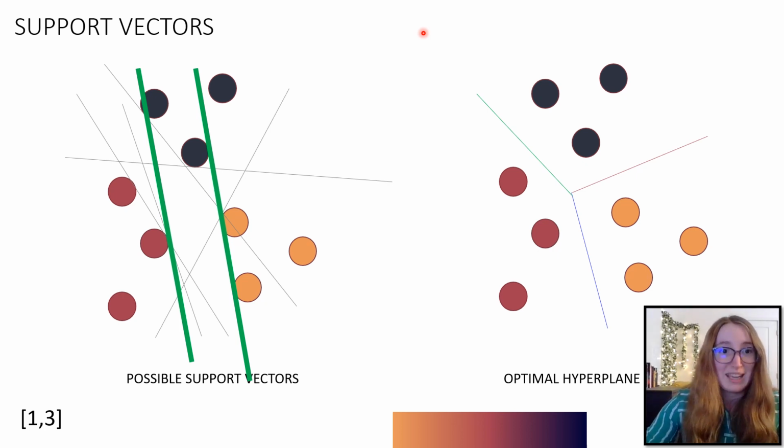For example, in this case, the best support vectors between the red class and the orange class might look something like these in green, where the vectors are parallel to each other and the distance between them is the maximum that it can be. The optimal hyperplane location can then be identified as the boundary that is equidistant from both of these support vectors.